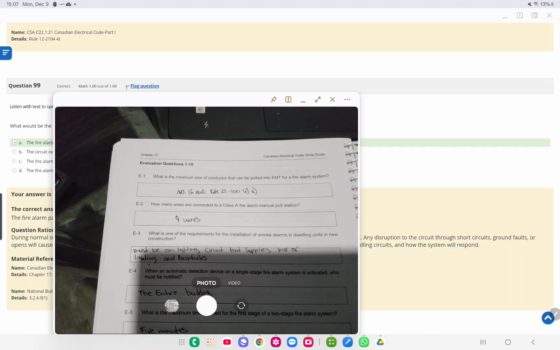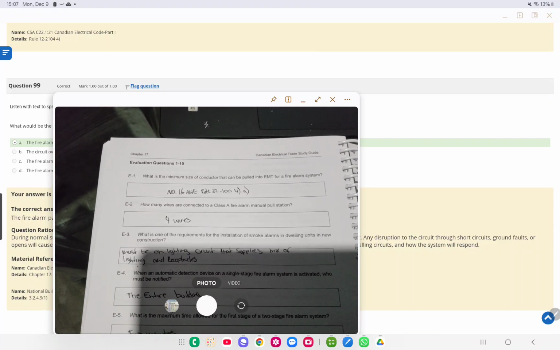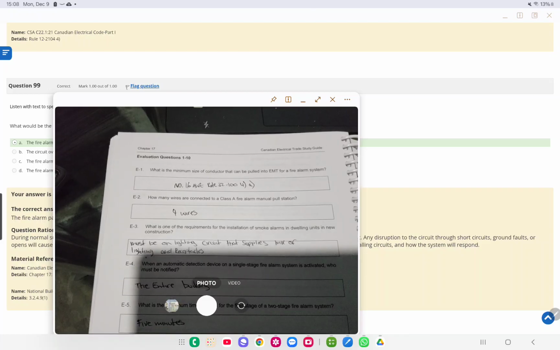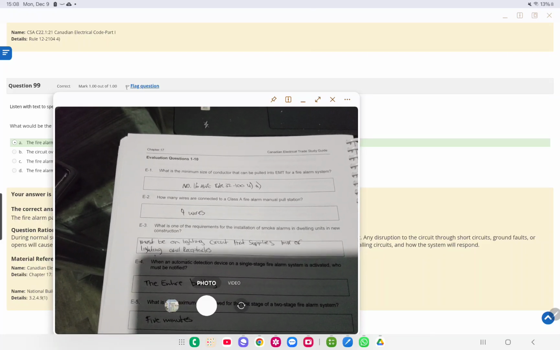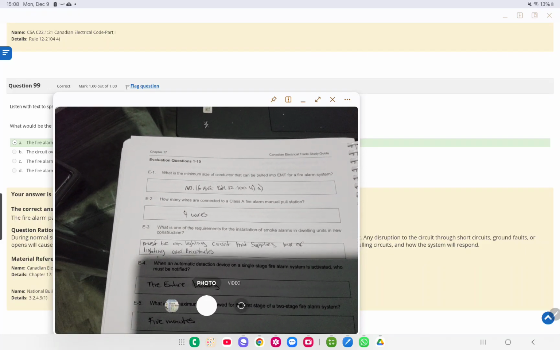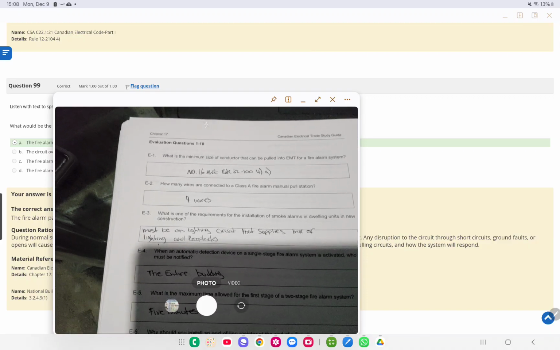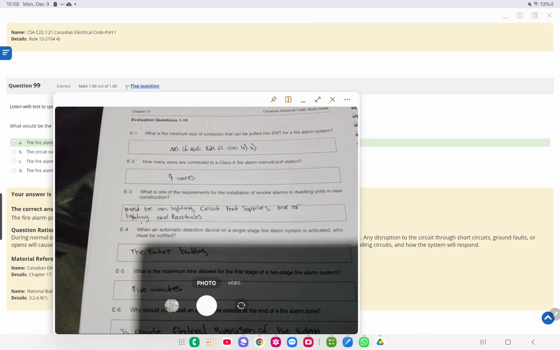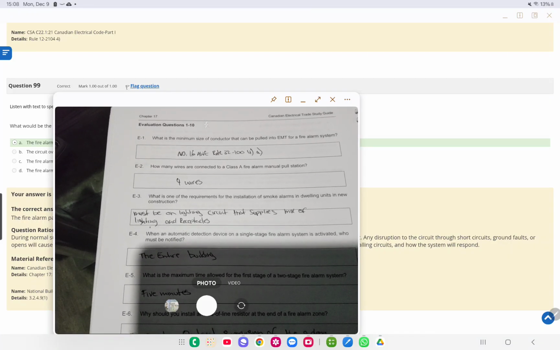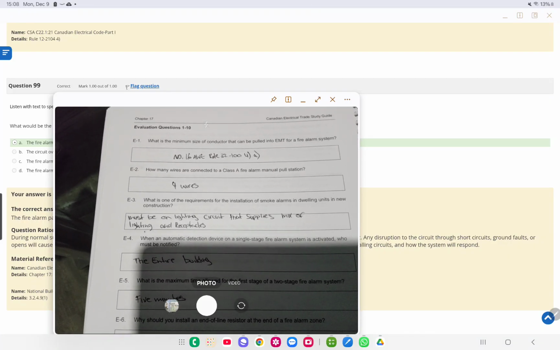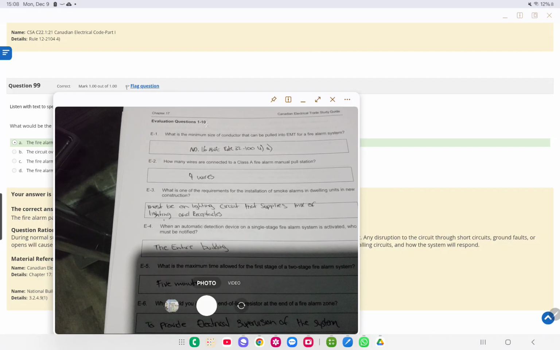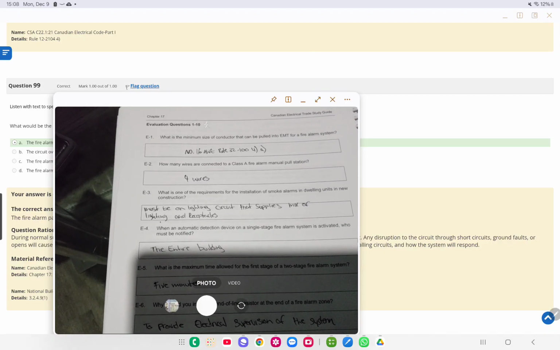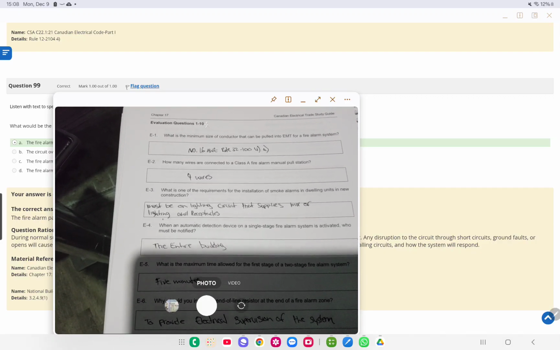What is one of the requirements for the installation of smoke alarms in dwelling units in new construction? They must be on the lighting circuit that supplies a mix of lighting and receptacles.